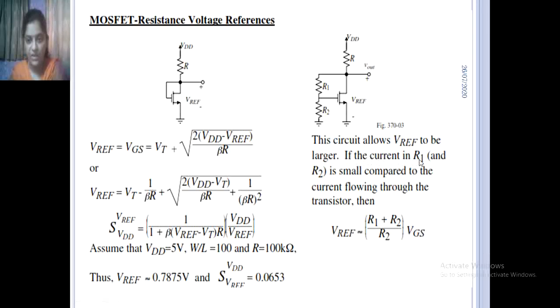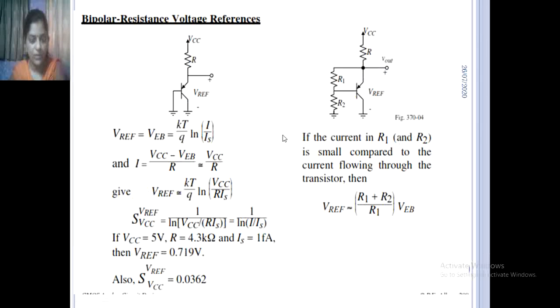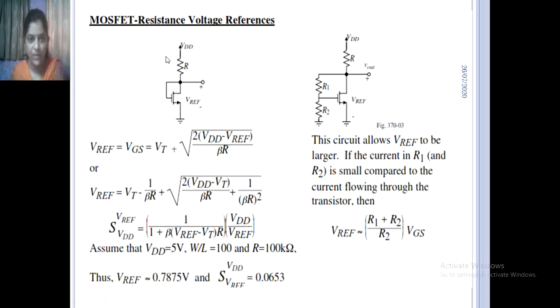If the current in R1 and R2 is small compared to the current flowing through the transistor, then V reference is equal to R1 plus R2 divided by R2, times VGS. Okay. So whatever we have seen for the transistor, the same thing we can apply for the MOSFET.